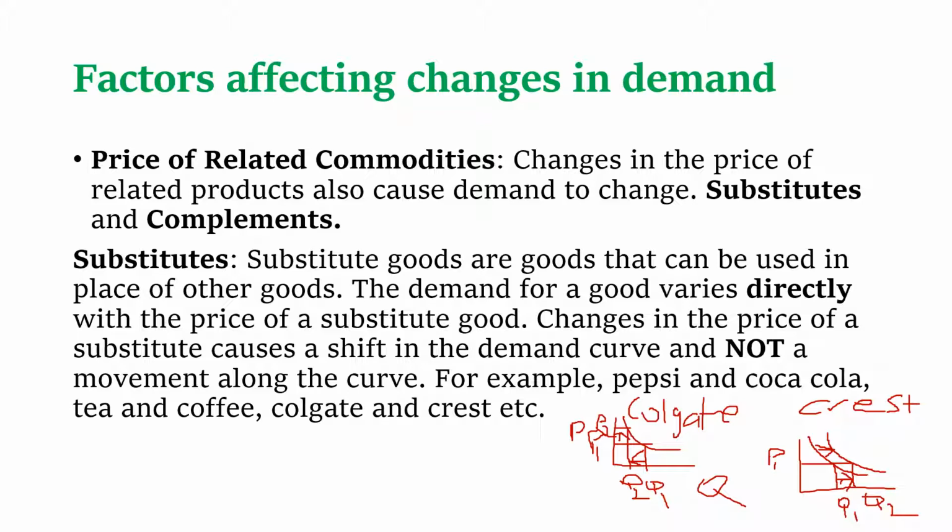This is a change in the quantity demanded, and this is a change in demand, as the price of other goods increases. The own price is held constant here, but other factors are allowed to vary, and so we expect the demand to shift to the right.